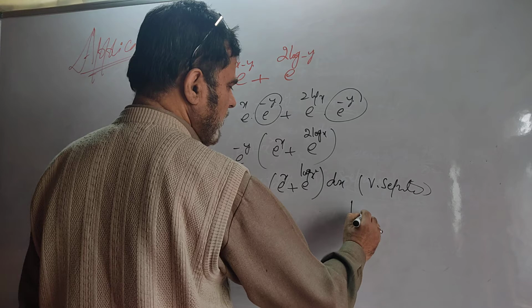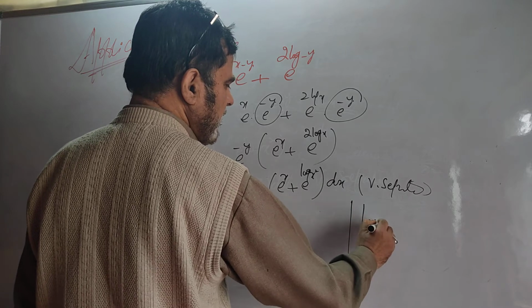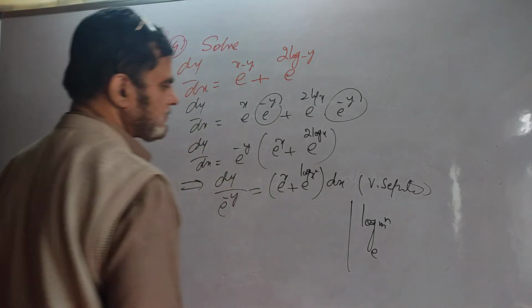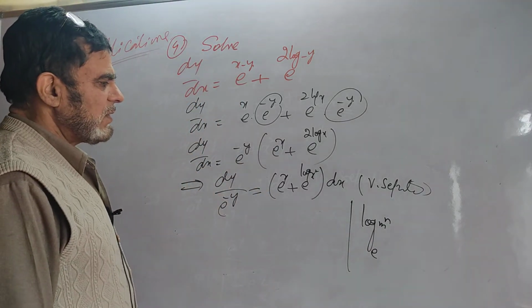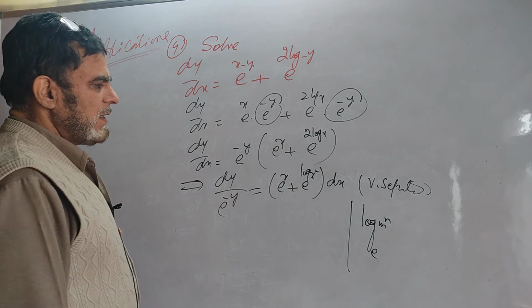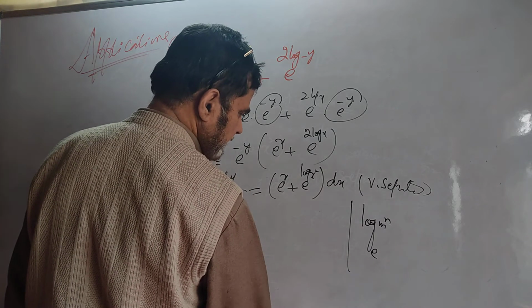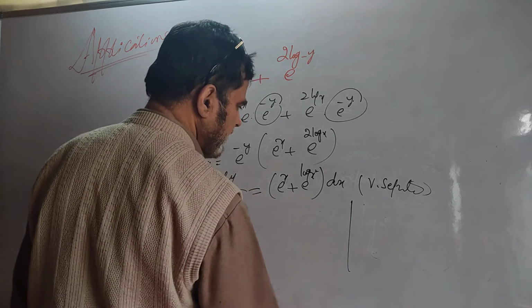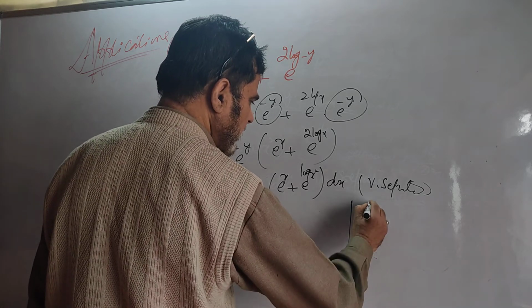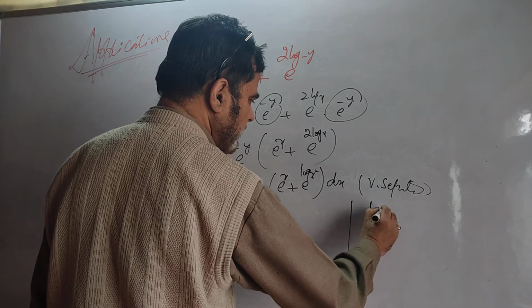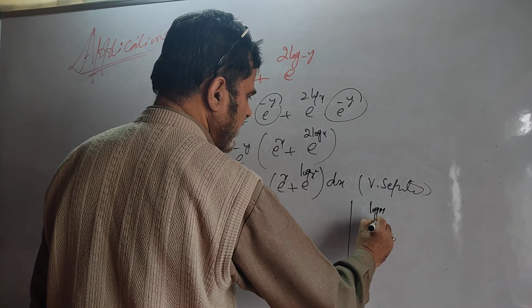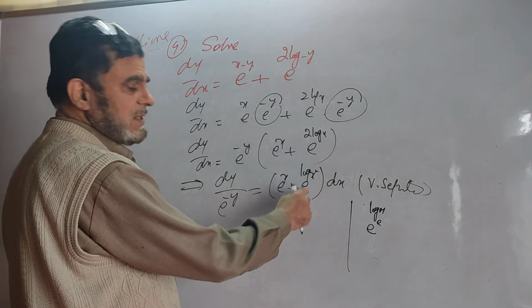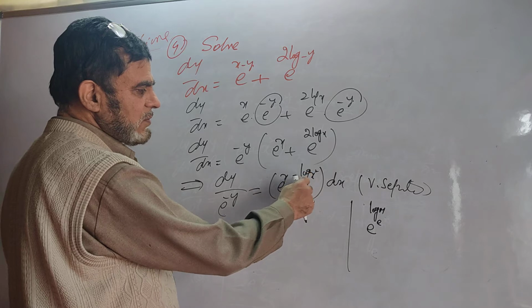Now you have a formula. If you remember, what is log of m raised to power n to the base e? When we have something like e raised to power log of m to the base e, here it is e raised to log of x square to the base e.